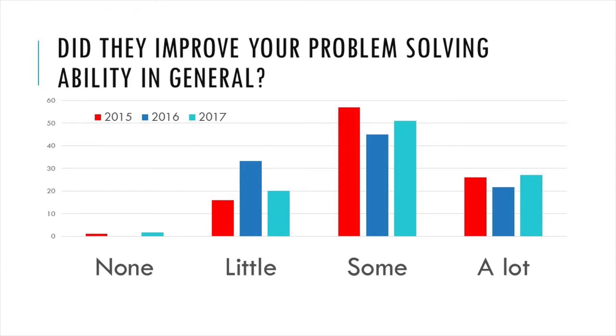We asked the generic question: do they feel that because of this process they are a better problem solver in general, not just in heat and mass transfer, but in general? And again, the students' self-assessment says 80% or more felt that yes, they are better problem solvers. So it probably worked at least to some extent.